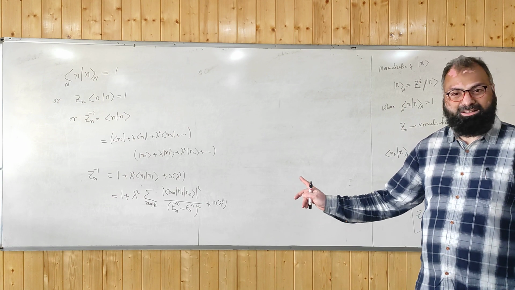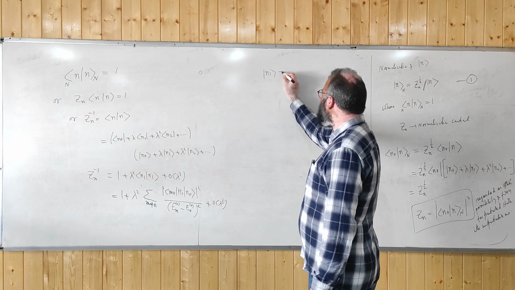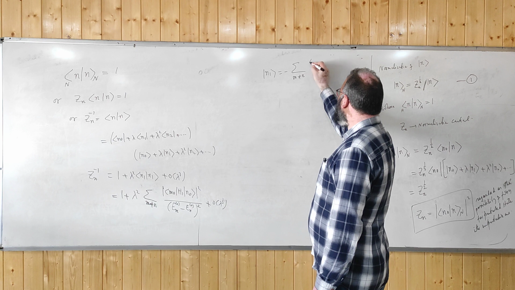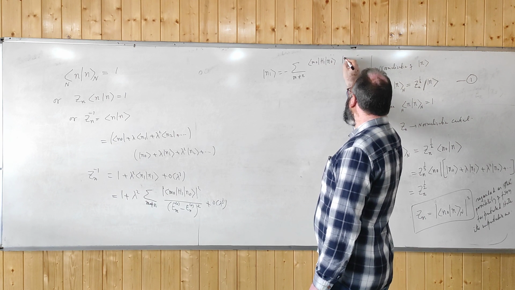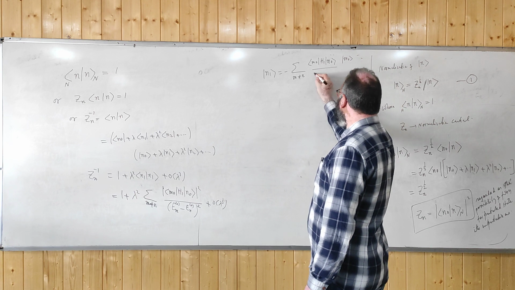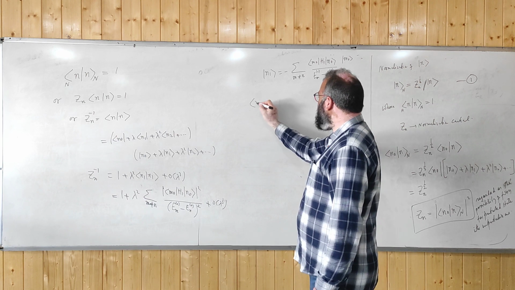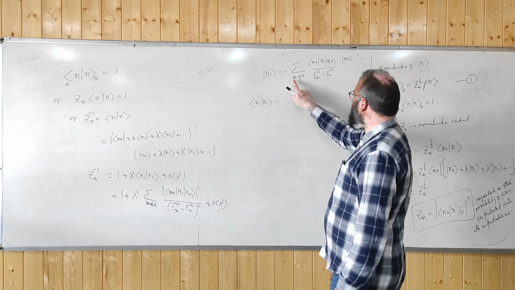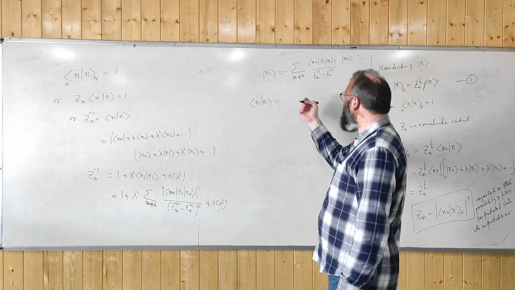Yes, sir. Okay, so it's like this. What is your |n1>? Just tell me. Minus summation m0 not equal to n, you have <m0|H1|n0> divided by E_m0 minus E_n0, times |m0>. So let's write this <n1|n1>. What will it be? Since you already have m as a dummy variable here, let's put another variable k.